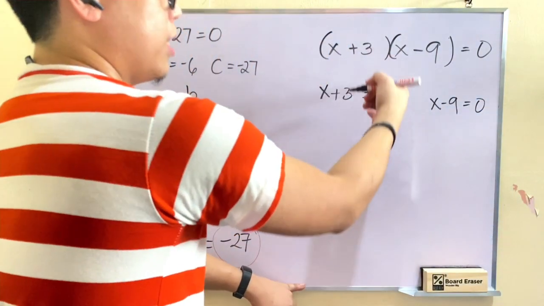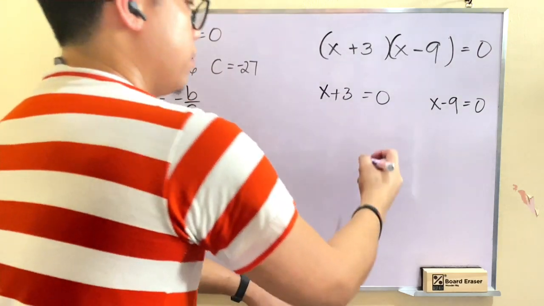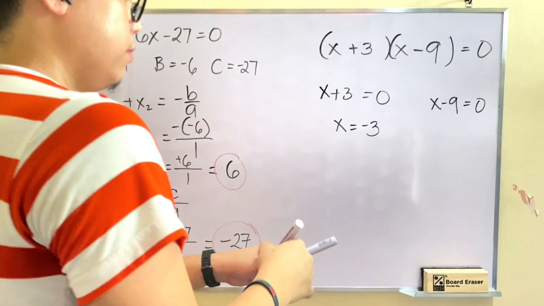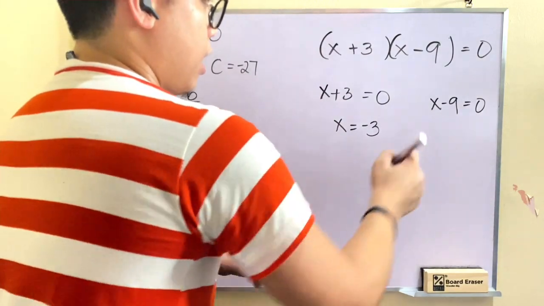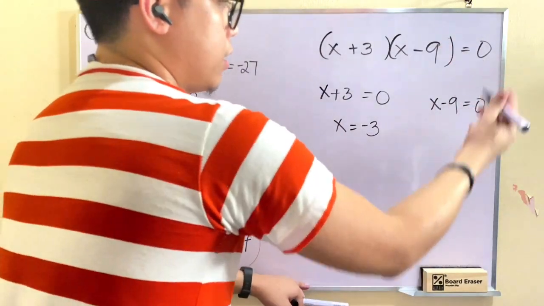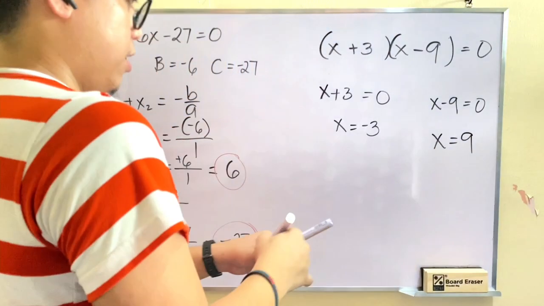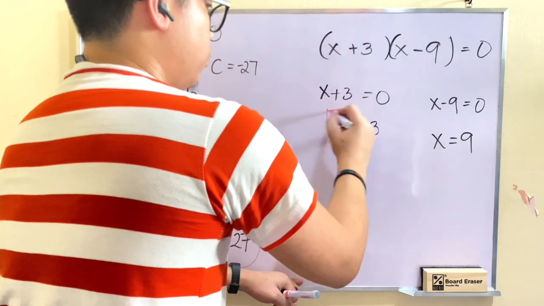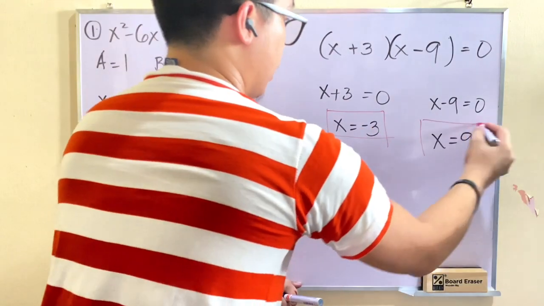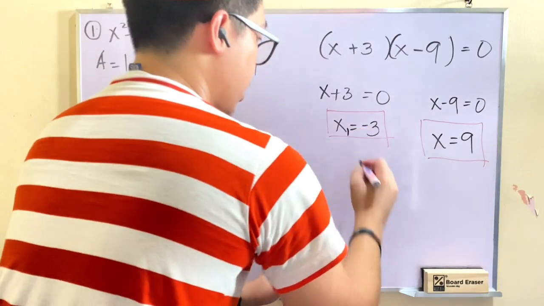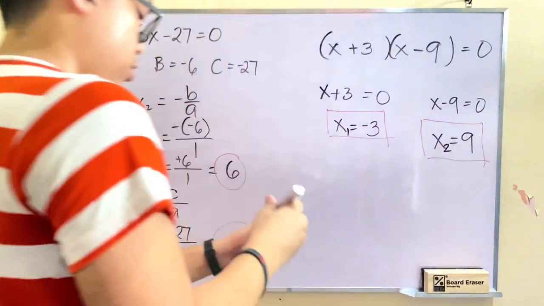So, pag nilipat natin sa kabila, ang positive 3 magiging negative 3. Then, ang negative 9, kapag nilipat natin sa kabila, magiging x is equal to positive 9. Therefore, meron tayong two values of x. Maaaring ito ang iyong x sub 1 and ito naman ang iyong x sub 2.